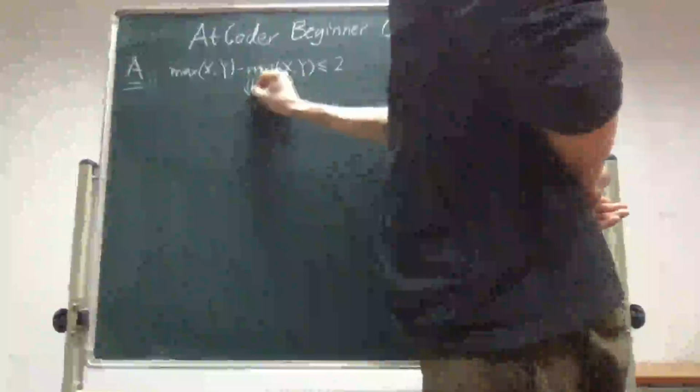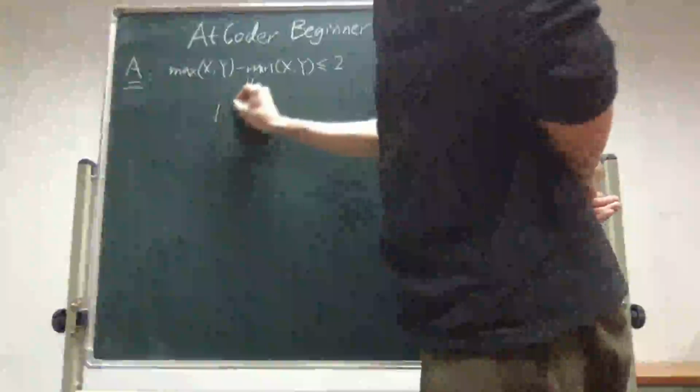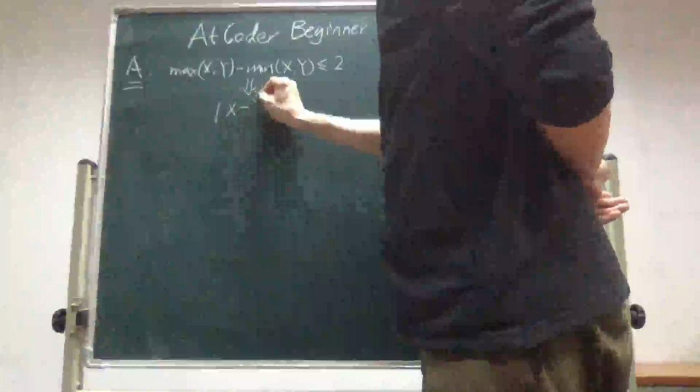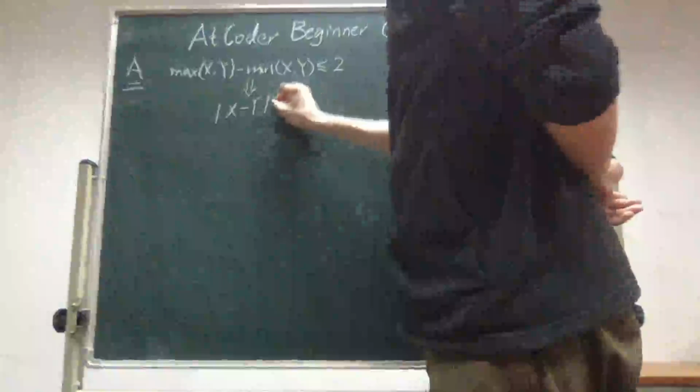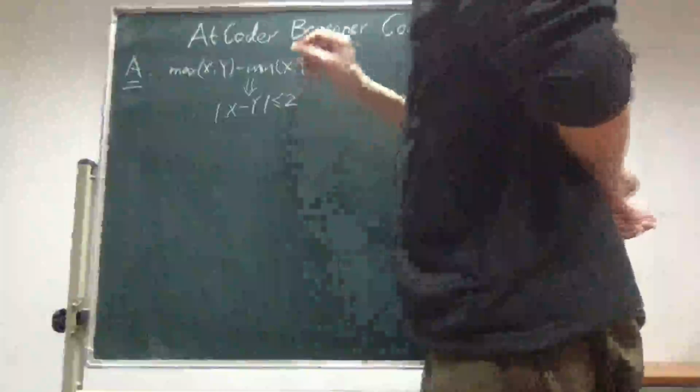In other words, we can simplify to the absolute value of x minus y is no larger than 2.